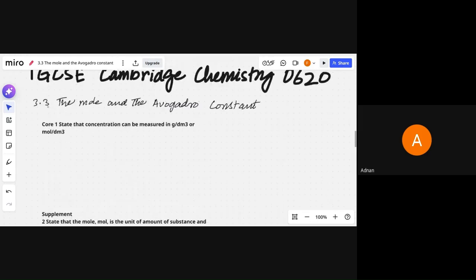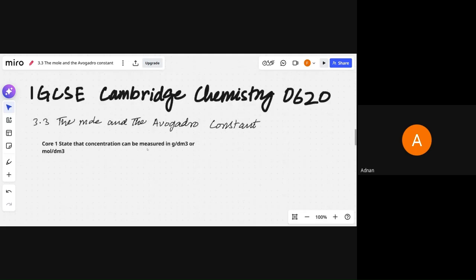So this topic 3.3 has only one subtopic for the core students, which states that concentration can be measured in grams per dm cube or moles per dm cube.